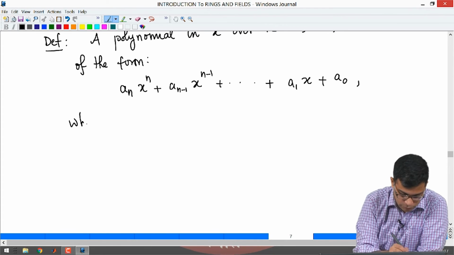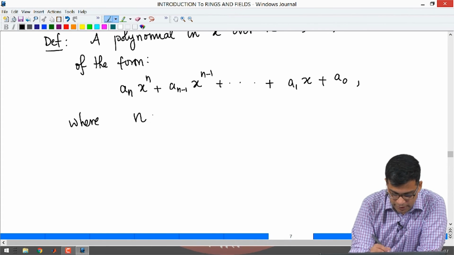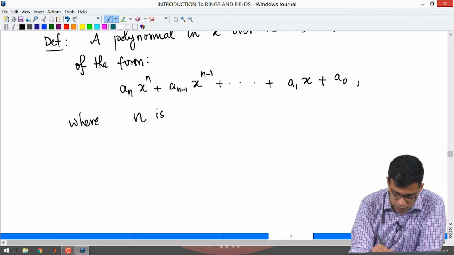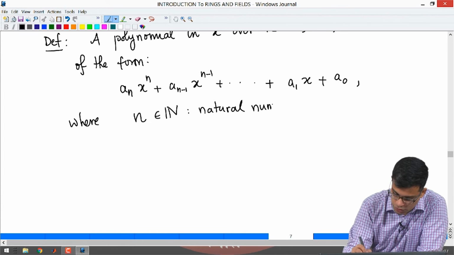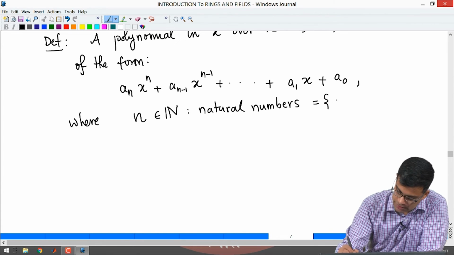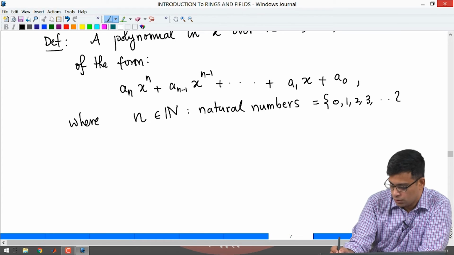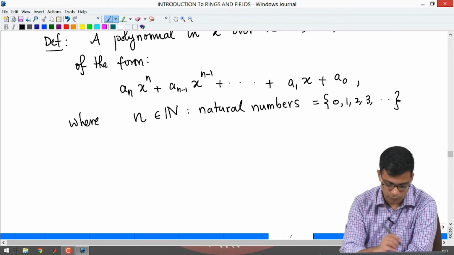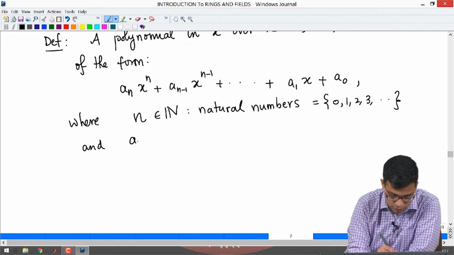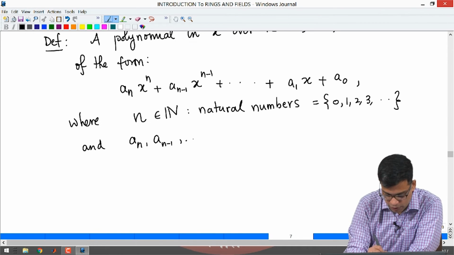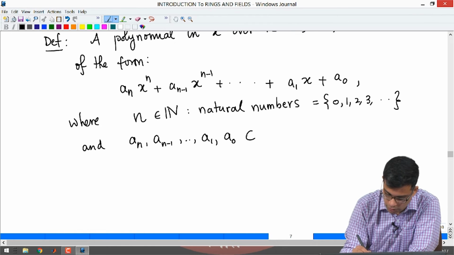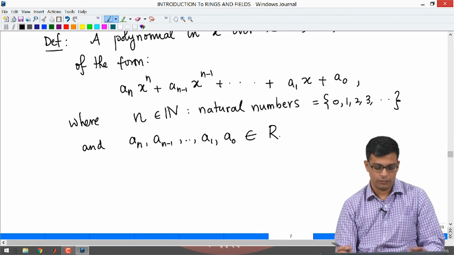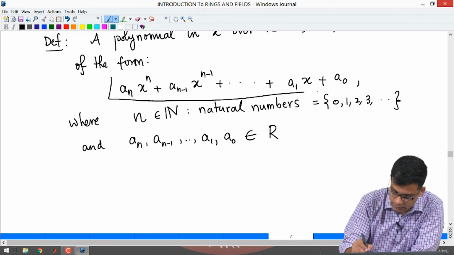Where n is a natural number. I am going to use this notation for natural numbers, and for me natural numbers include 0. So, this is the set 0, 1, 2, 3 and so on. So, n is a natural number, n could be 0 also, and these elements a_n, a_{n-1}, ..., a_1, a_0 are elements of the underlying ring. Okay. So, a polynomial is something like this.